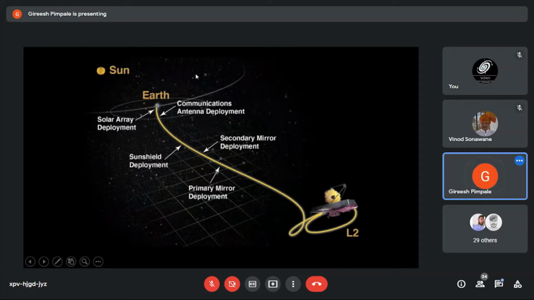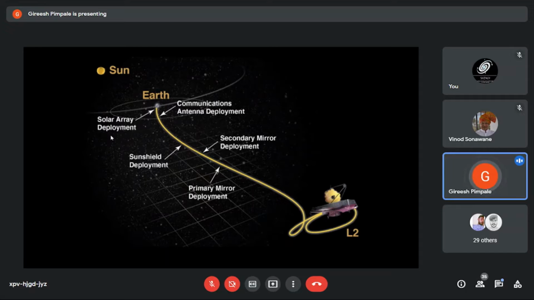Okay. So now see what happened immediately after the launch. So it was launched. Then first what happened? The solar array deployment was there. The solar arrays, which were in folded form, were unfolded.